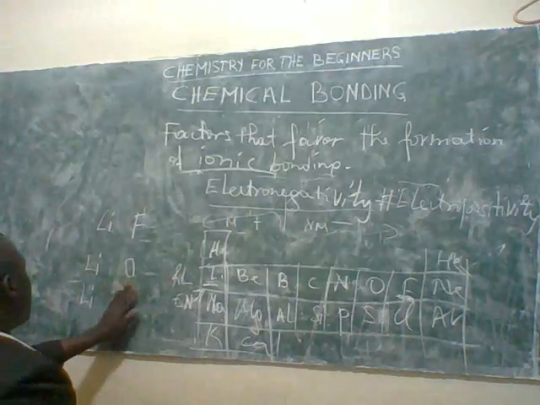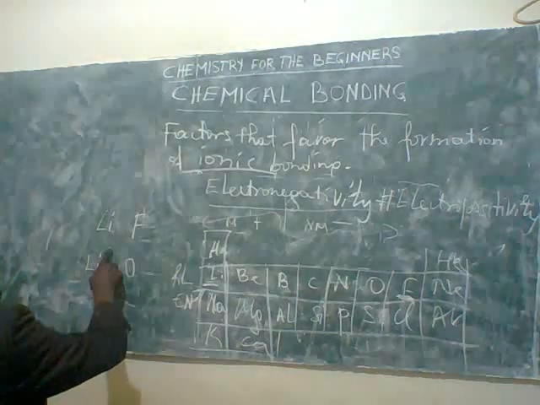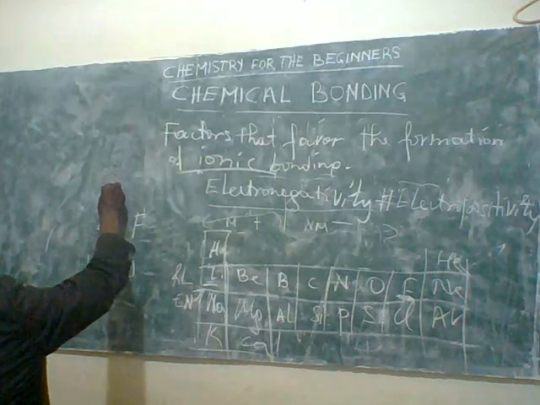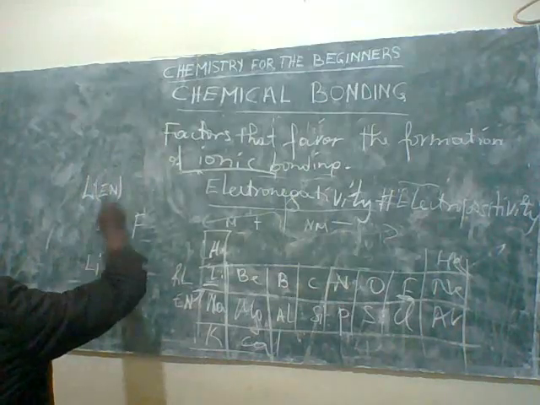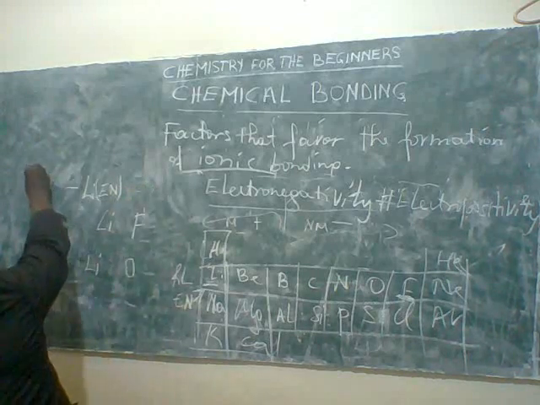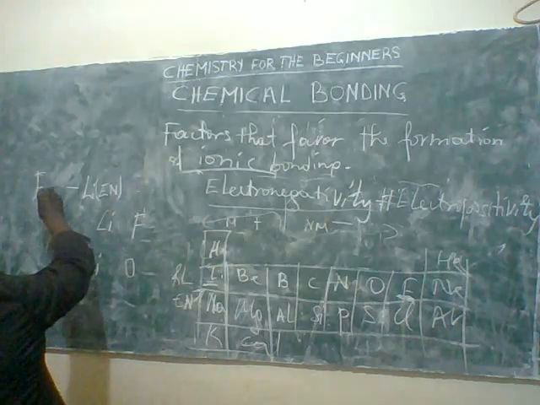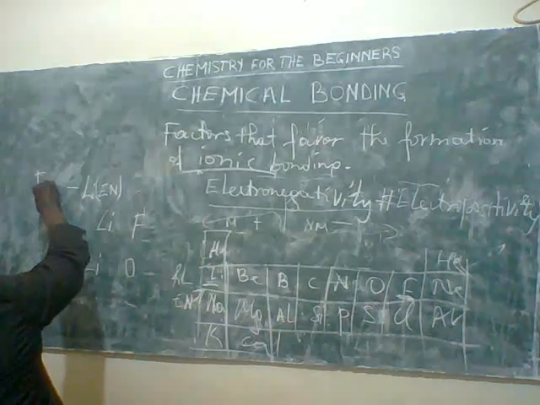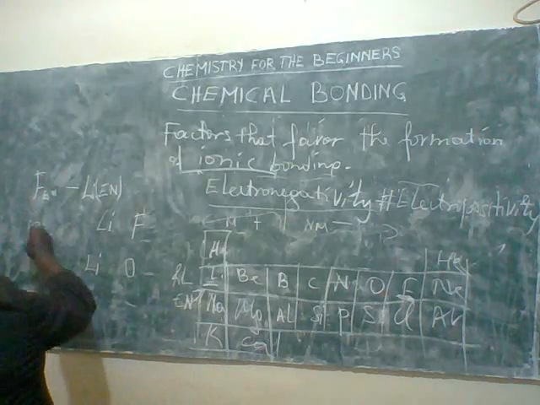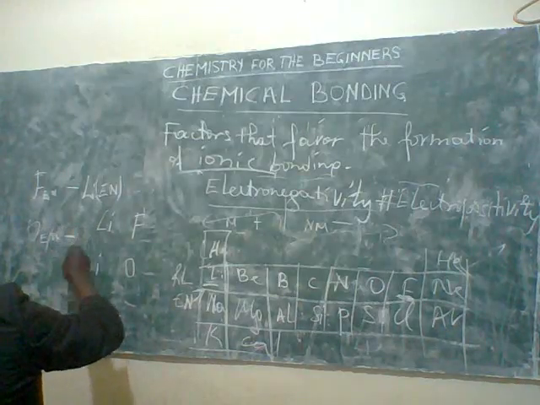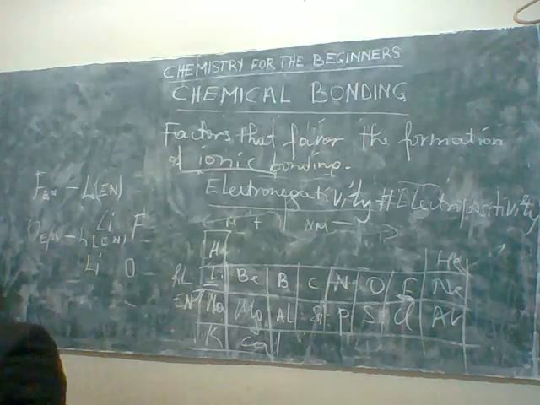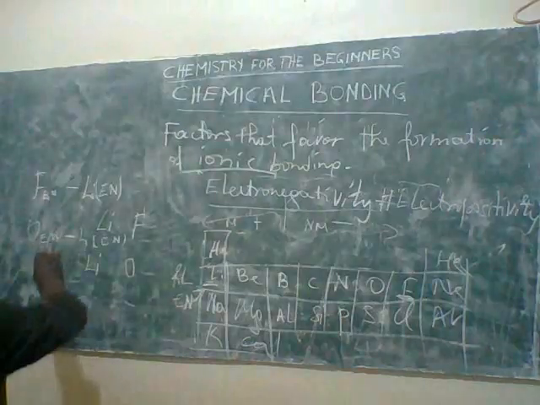If we are comparing, let us first compare these two. To compare these two, the difference in electronegativity: the electronegativity of fluorine minus the electronegativity of lithium, and then compare it to the electronegativity of oxygen minus the electronegativity of lithium, like this.